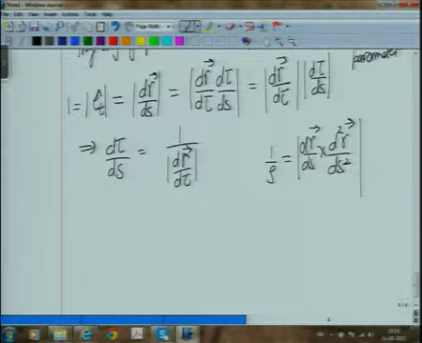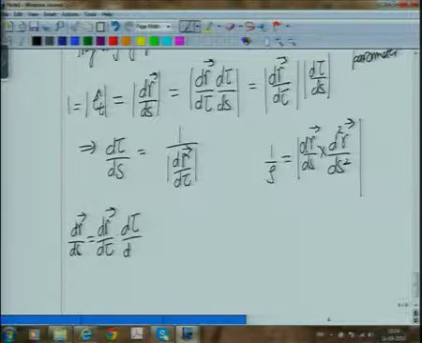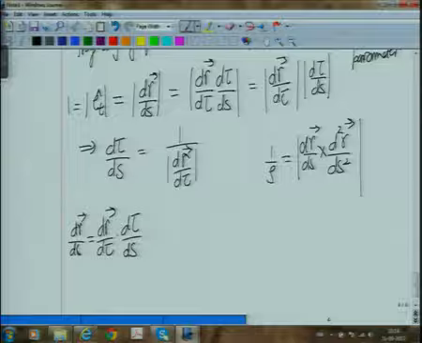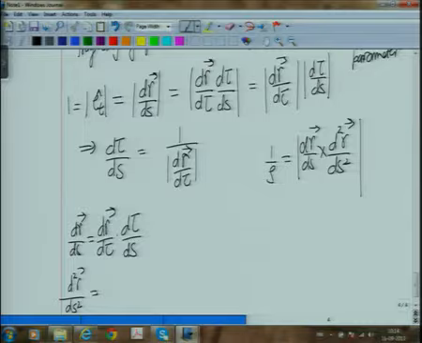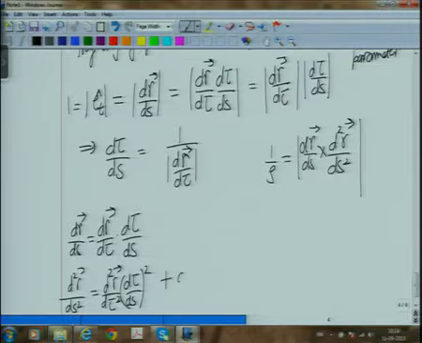So now what we will do is work out dr by ds in terms of tau, because r is known in terms of tau. So dr by ds is equal to dr by d tau times d tau by ds, and d2r by ds square will be equal to, first I differentiate, d2r by d tau square into d tau by ds whole square, plus dr by d tau times d2 tau by ds square.